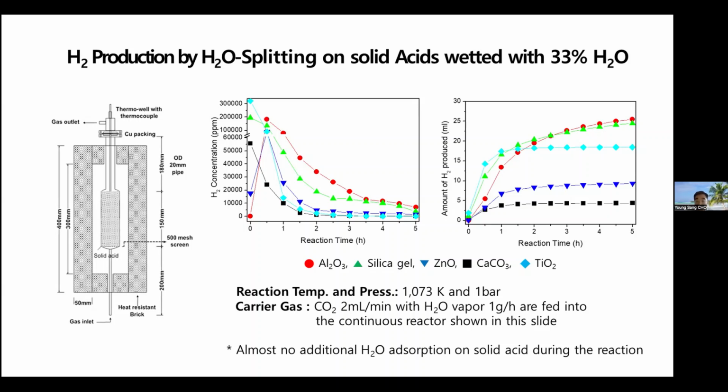The second picture here shows the cumulative hydrogen produced. You can see that alumina and silica produce more hydrogen than other solid acids.